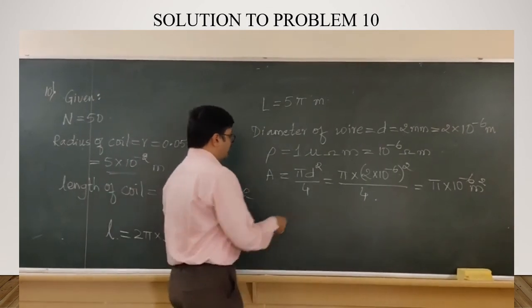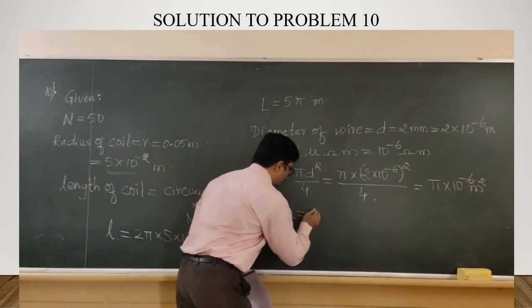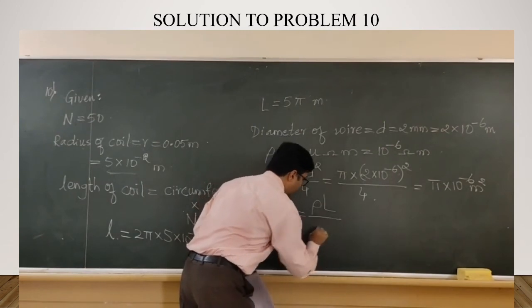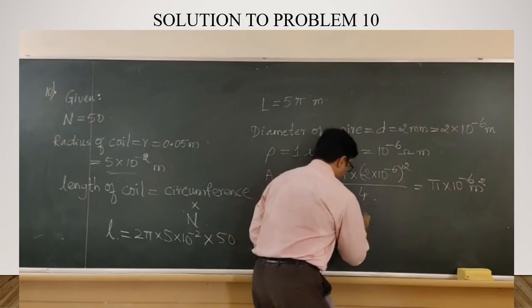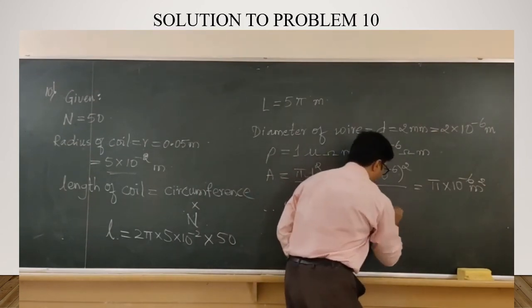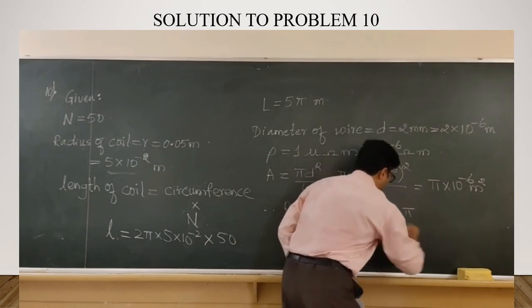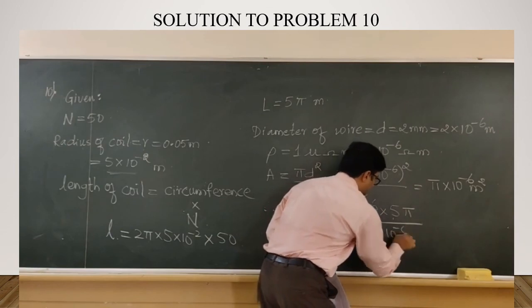So hence, the last step: resistance R is equal to what? Rho L divided by A, correct? So this is equal to 10 raised to minus 6 into length 5 pi, divided by the area.